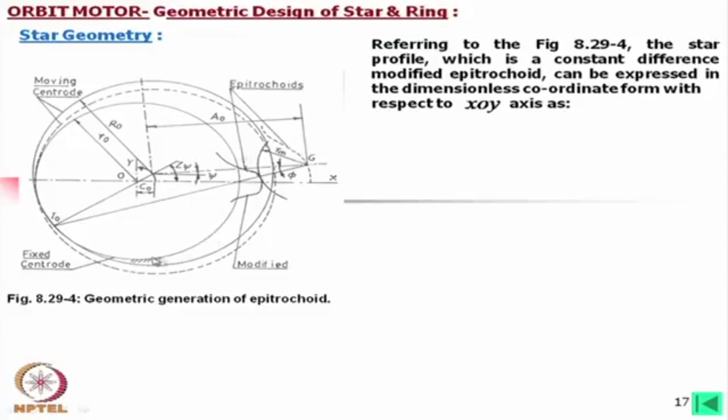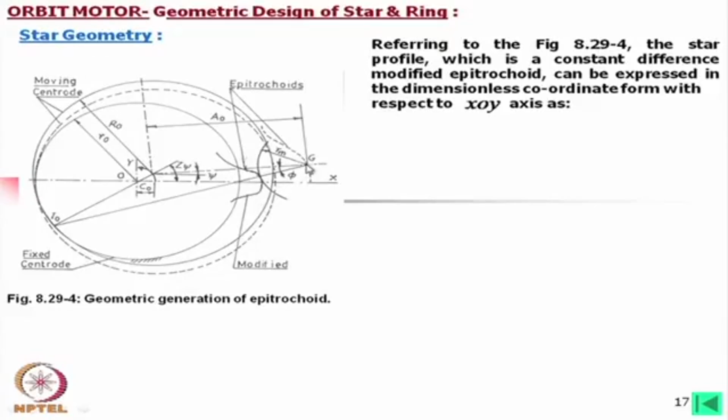We shall keep the inner member, the star member, on which we are trying to generate the lobe. We will consider this member as fixed, and then this member is rotated about this axis. That means it is just rolling over this, no slip.